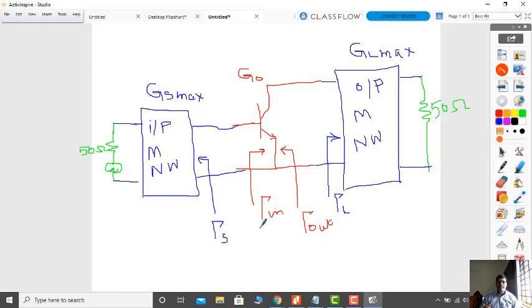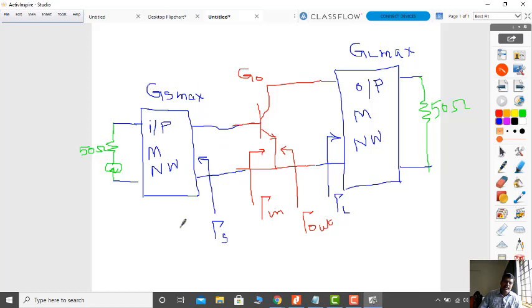So the first step of the design is to choose the required GS and GL from the maximum gains GS max and GL max. Then we add G0. This gain should be our required or specified gain.